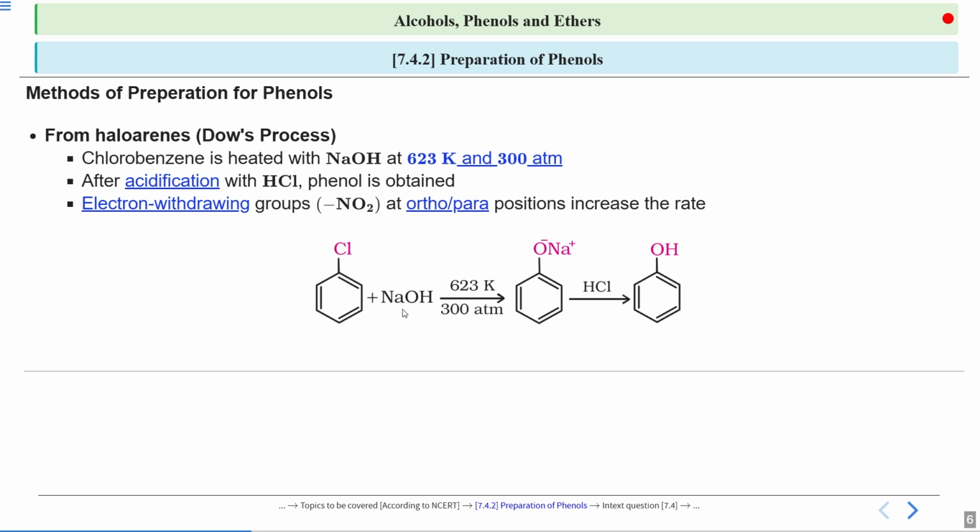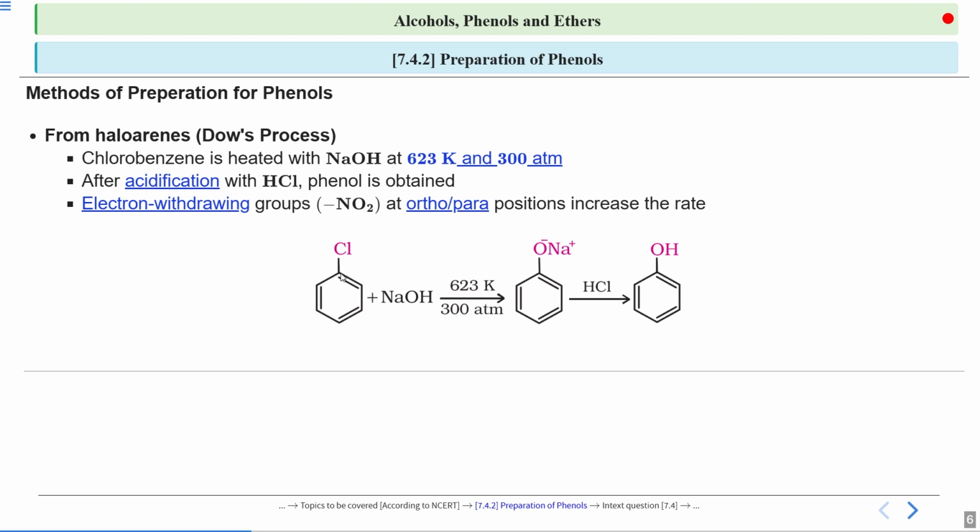Now we have ONa. So this is a nucleophilic substitution reaction. This ONa will act as a nucleophile because there is electron density present on this oxygen, and it can donate it to this carbon because this carbon is now electron deficient. Why? Because chlorine left with the electrons.